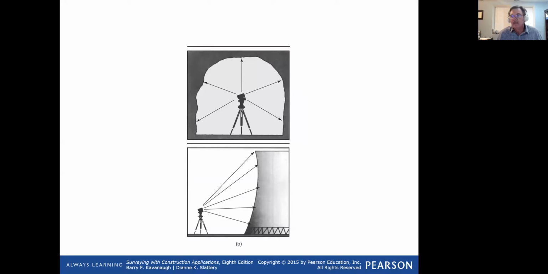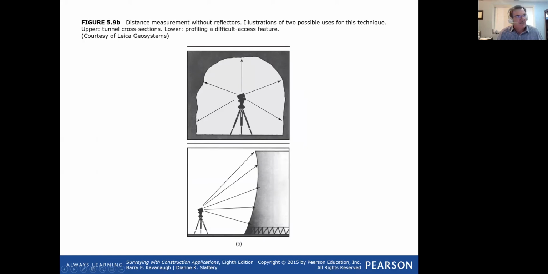So this type of slide shows where you could measure something where it's just bouncing off of the surface. This looks like some kind of a tunnel entrance, and this looks like, say, the edges of a tank, so you can get the shape of it. So reflectorless is a good way to go as far as a lot of things today.